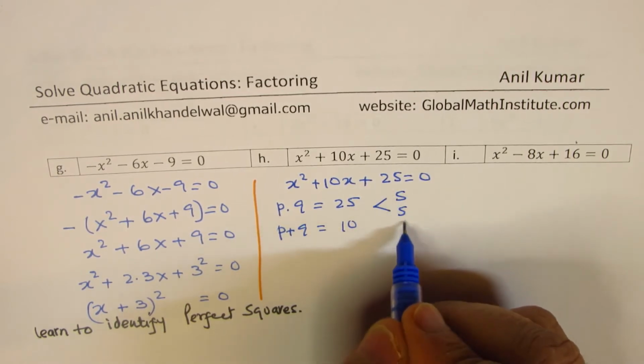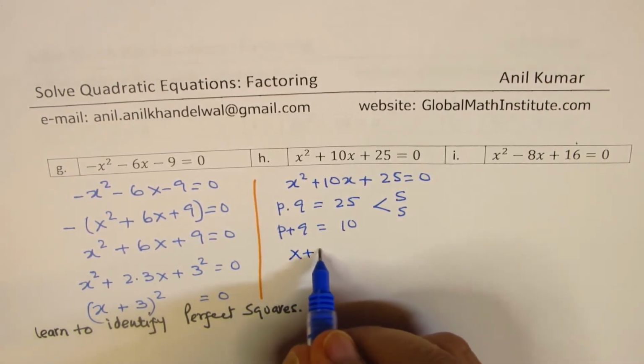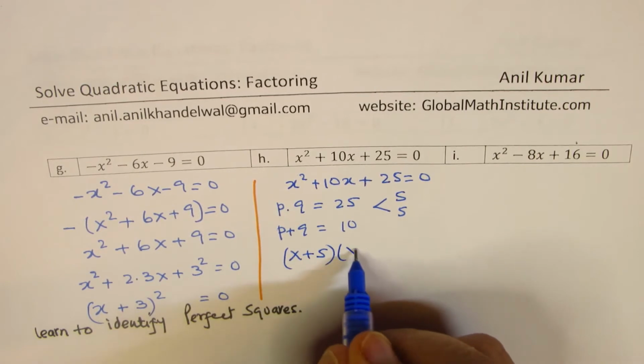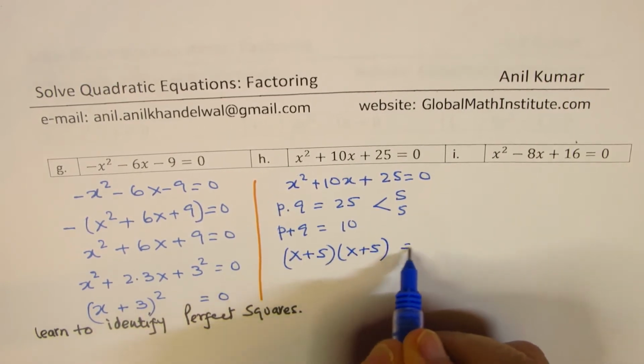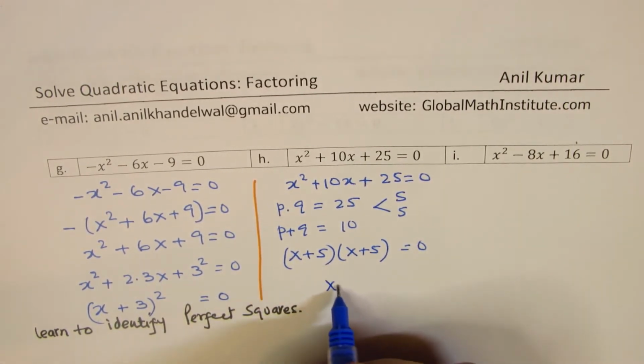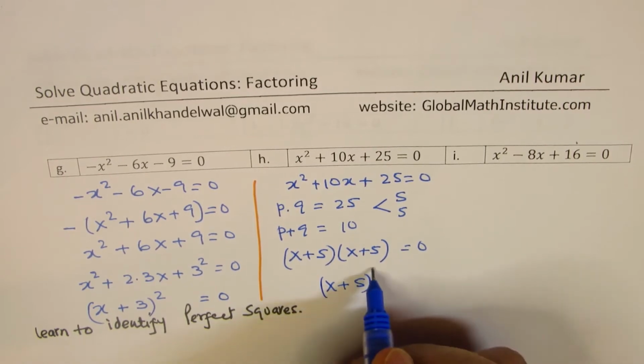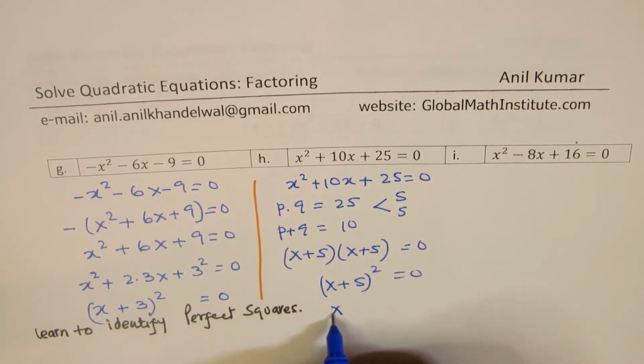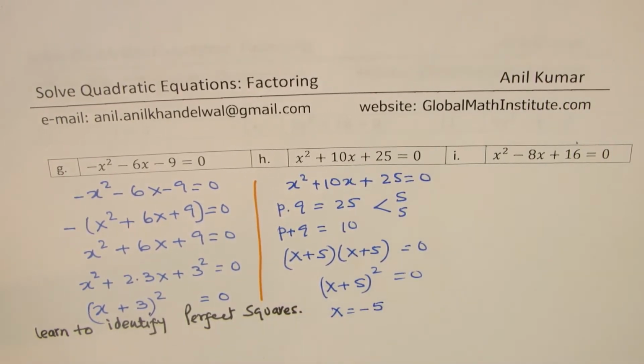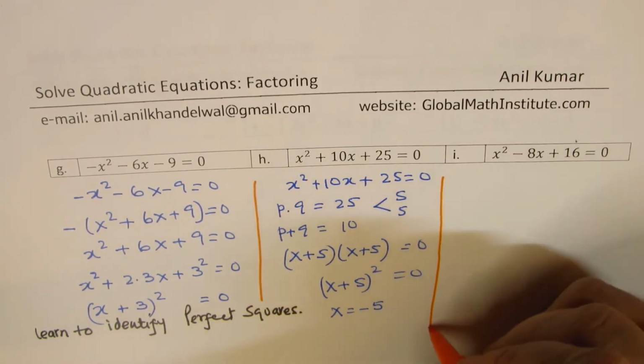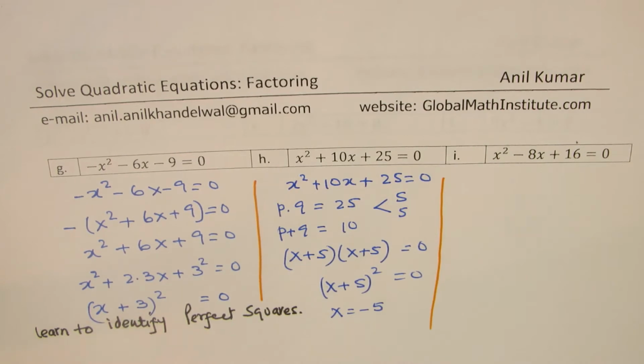Do you see that's exactly same? So we get x plus 5 times x plus 5 equals to 0. And that is same as writing x plus 5 whole square equals to 0, or x is equal to minus 5. Do you see that? So if you recognize that this is a perfect square, we can straight away write down the answer.